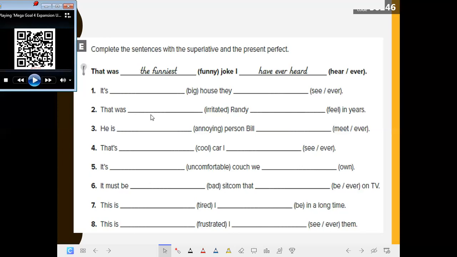They have ever seen. ممتاز، برافو عليك. يبقى the biggest لان هنا طبعا big short adjective، وهنا استخدمنا ال present perfect have ever seen. ممتاز، برافو عليك.